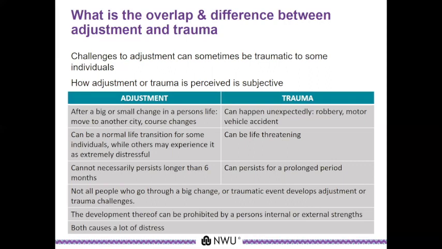Whereas trauma can be life-threatening. Trauma can also not be life-threatening. For example, the same example that I used with adjustment, the ending of a relationship, can also be traumatic to one person, while another might just experience it as an adjustment period.